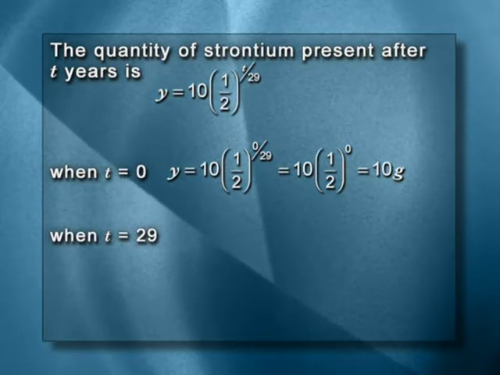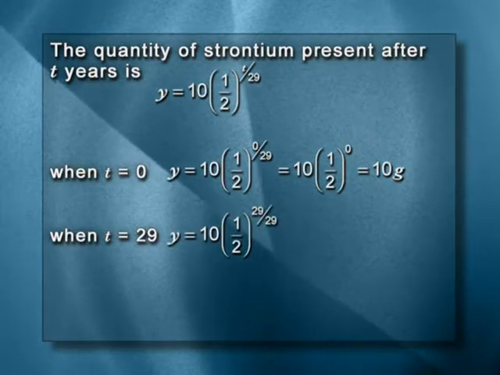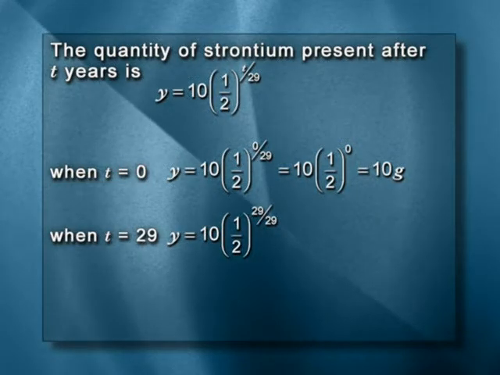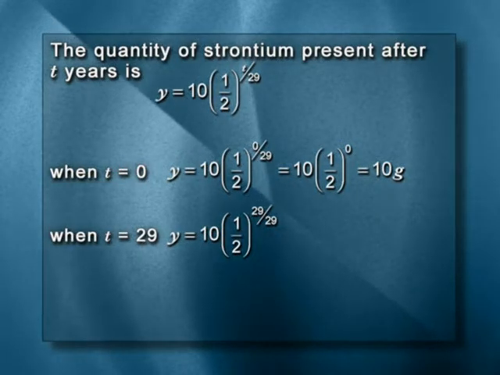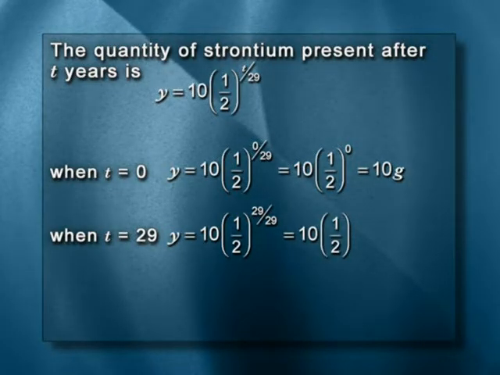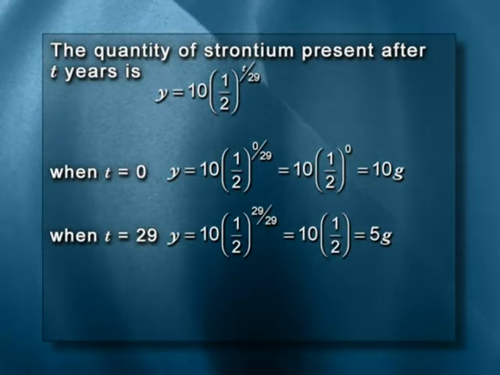You would plug 29 in for t, and watch what happens. You'll see now what half-life really means. Your exponent is now 29 over 29, which equals 1. And so it's 10 times 1/2, which means 5. And that's what half-life is all about. You start off with 10 grams, and 29 years later, you have half the amount.